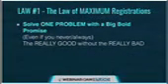All right, so the first thing for the law of maximum registrations is on your registration page, you need to solve one problem with a big, bold promise. I like to say things like, you're going to get all the really good without the really bad, even if you never, or even if you always, right?